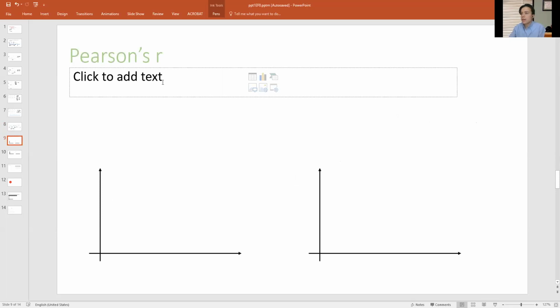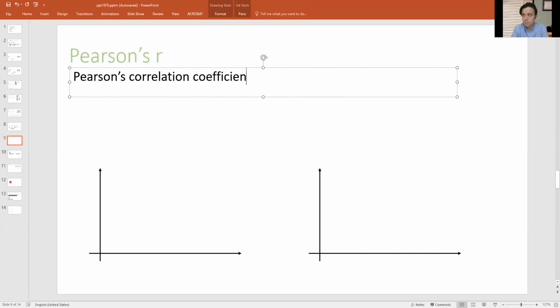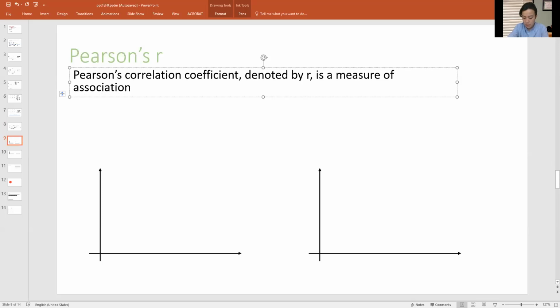All right, so then I'm going to define the actual number that we have for the measure of this, which is called Pearson's R, or Pearson's correlation coefficient. Pearson's correlation coefficient, which is denoted by the letter R, is a measure of association between two variables.